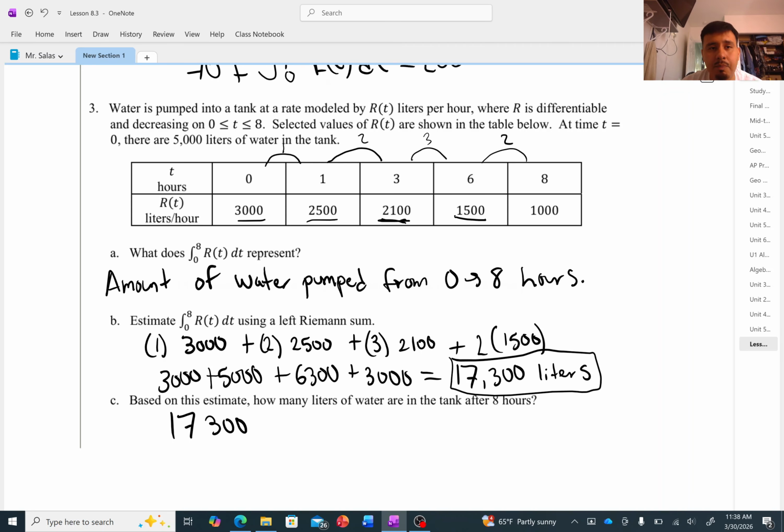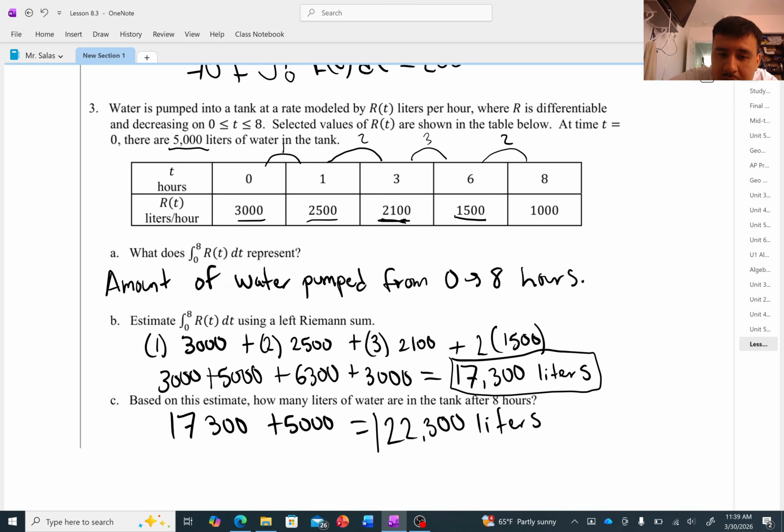But guess what? How many liters of water did we start with in the tank? We started with 5,000. So I'm just going to add 5,000, because that's how much total water we dealt with. So in the end, we have a total of 22,300 liters. My apologies again for reading the numbers incorrectly.